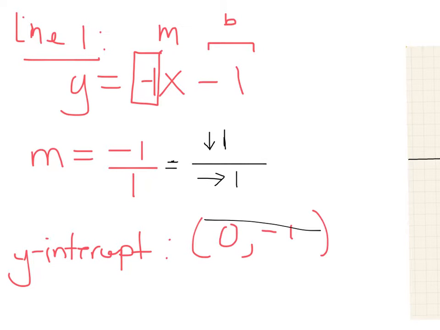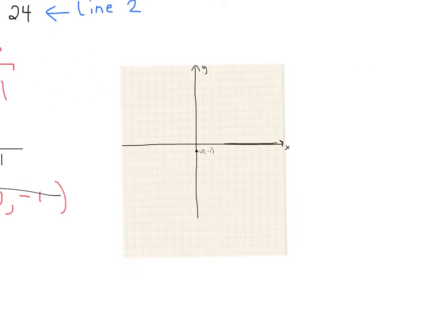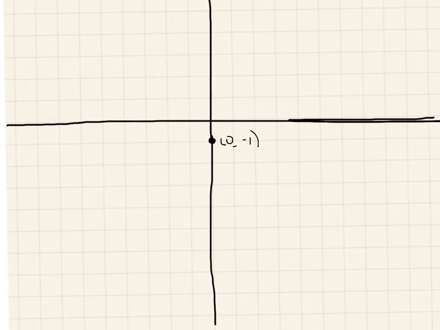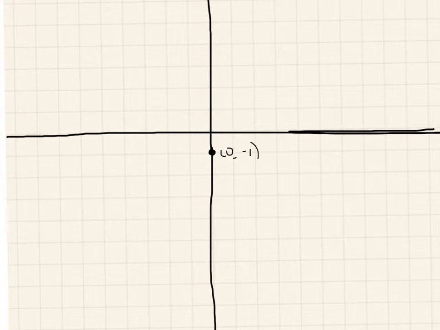I didn't want to cross that out. So down 1 to the right 1, and right here's the next point.